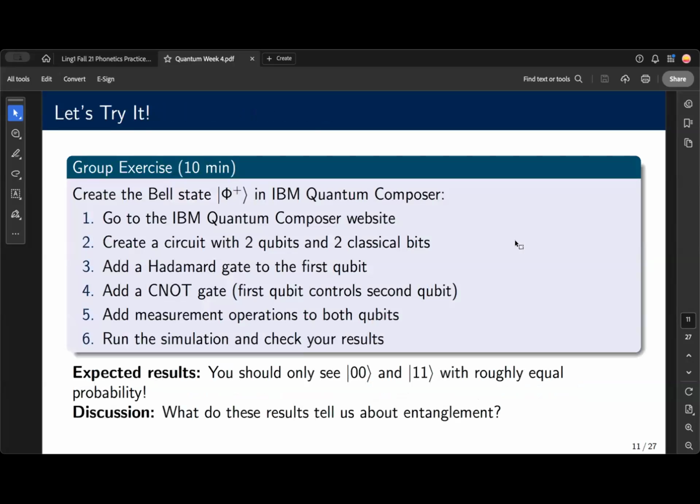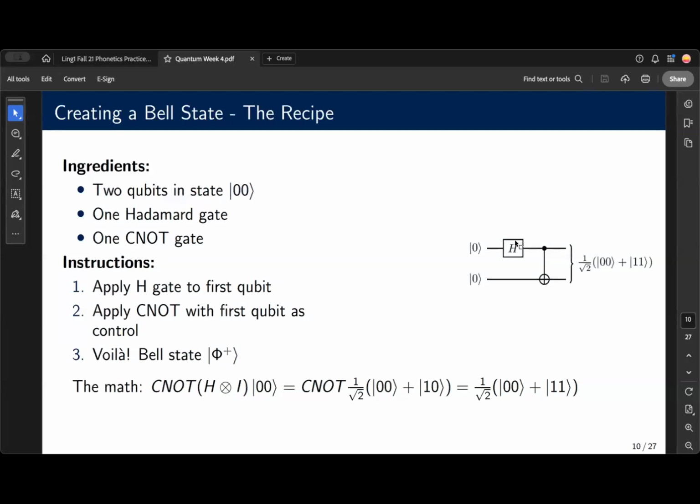With that, we're gonna try and build the Bell state in Composer, but before that, does anyone have any questions about the gates, what these are, and how we did this? I mean, does this make sense? Like the math?